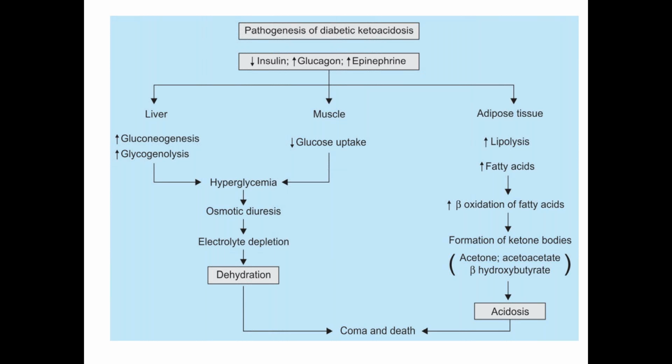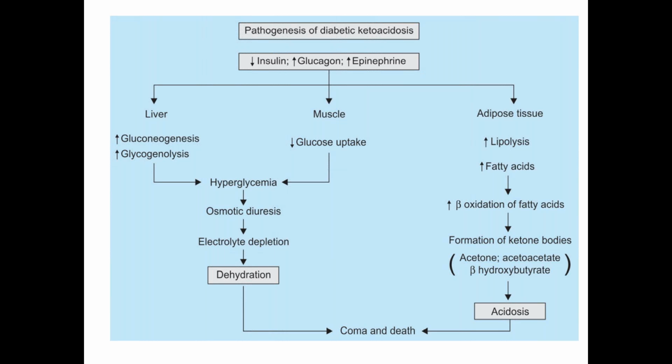When the production of fatty acids is increased, increased beta oxidation of abundant fatty acids will lead to formation of ketone bodies in the liver. Ketone bodies are acetone, acetoacetic acid, and beta hydroxybutyric acid.